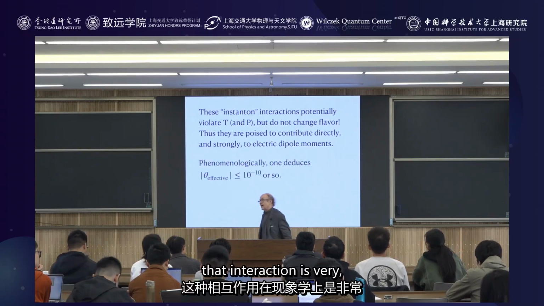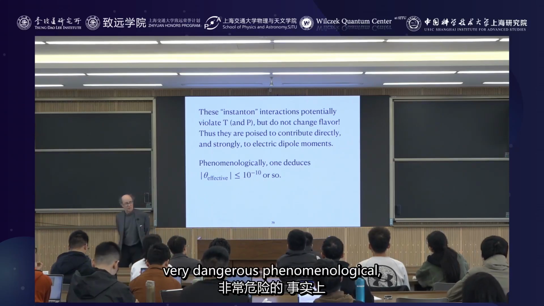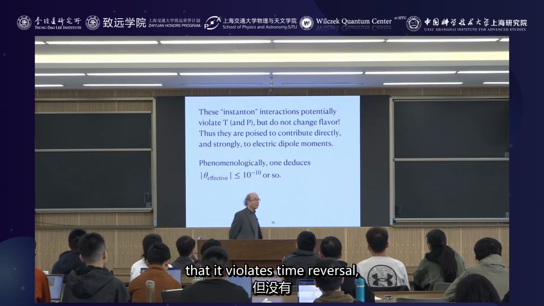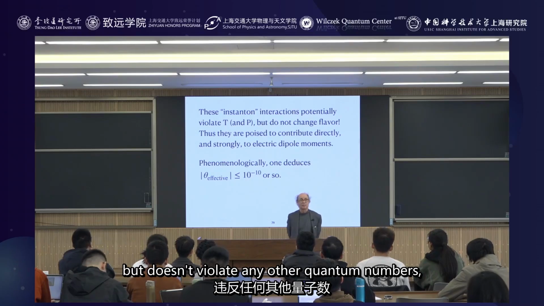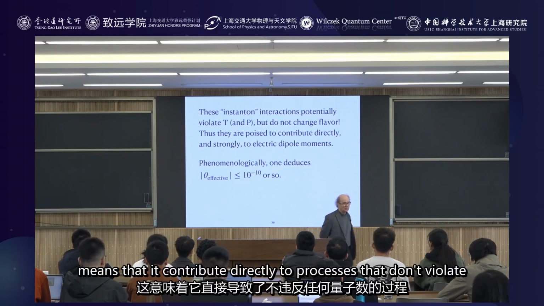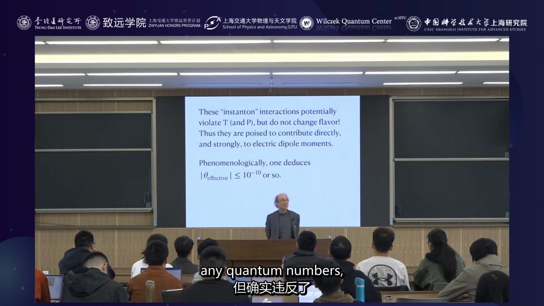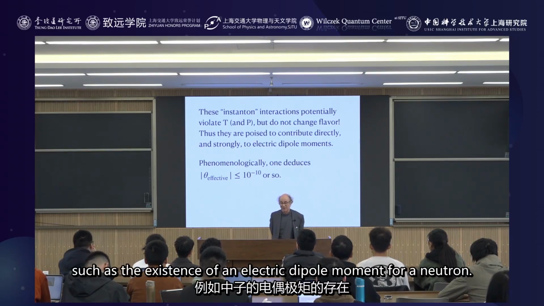Now, that interaction is very, very dangerous phenomenologically. The fact that it violates time reversal, but doesn't violate any other quantum numbers, means that it can contribute directly to processes that don't violate any quantum numbers, but do violate time reversal, such as the existence of an electric dipole moment for a neutron.